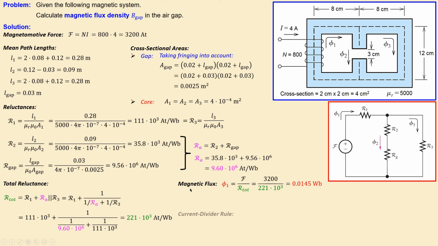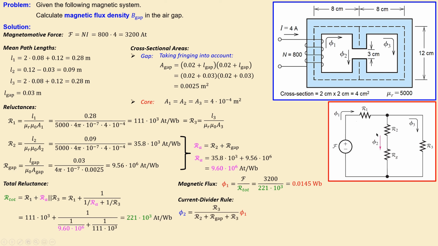Now we can use, as in electric circuits, the current divider rule. This flux is of course coming from the source, and will be partially going also into R3, but for that we can use the current divider rule in this form.